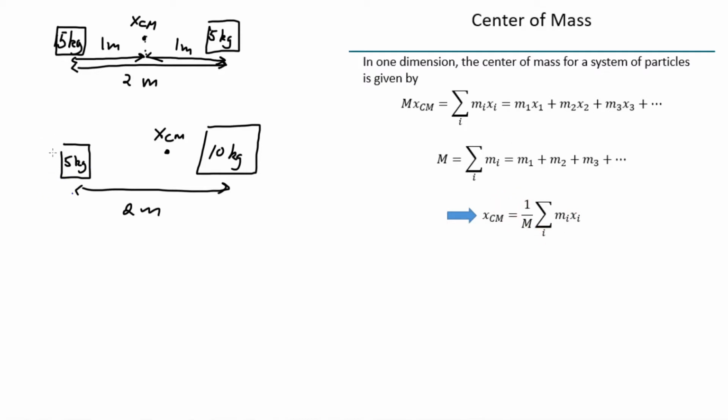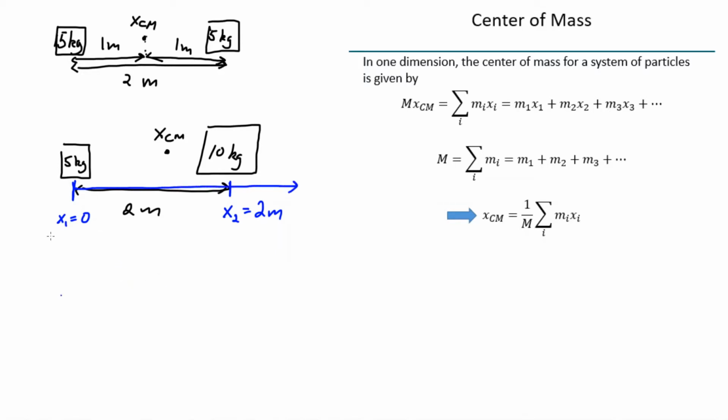So let's evaluate the position of the center of mass for this system of two masses, a 5 kilogram and a 10 kilogram. First, I have to define my coordinate system. I'm going to call this x1 equals 0, and this over here x2 equals 2 meters. So I have an x-axis that starts here at 0 and goes off in that direction.